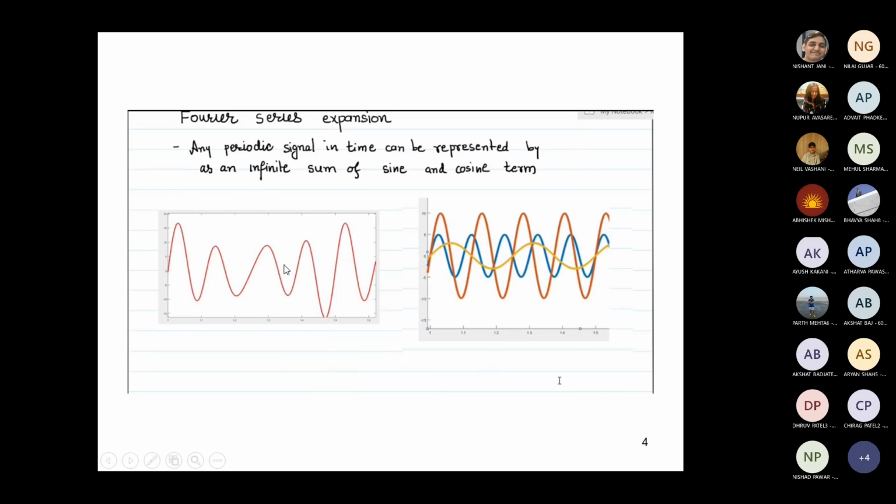When I apply a fast Fourier transformation on this signal on the left, the output I will get will be the frequency and the amplitude of these three signals. On the x-axis I will get the frequency, and at a particular frequency what is the maximum amplitude. So that is what the FFT analyzer does.